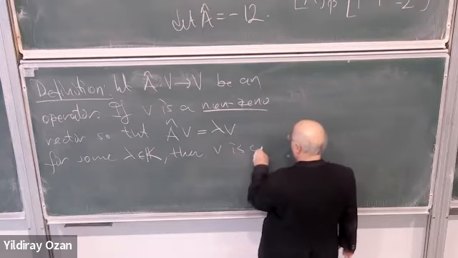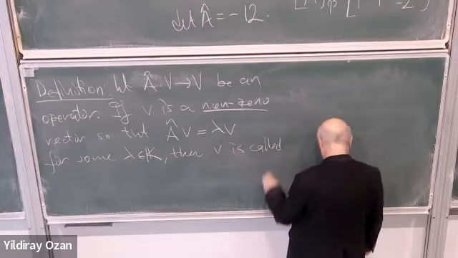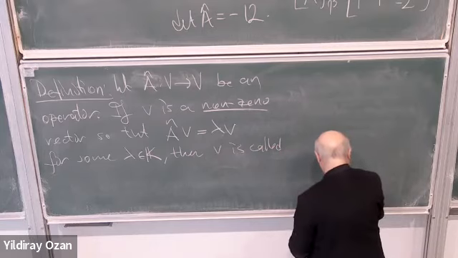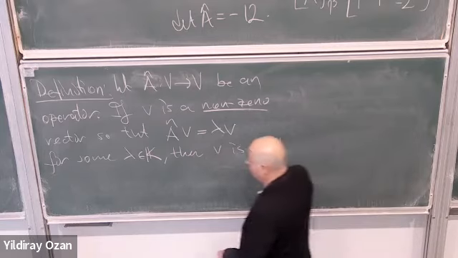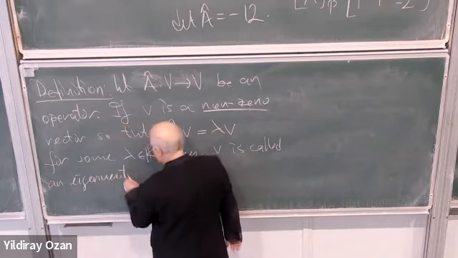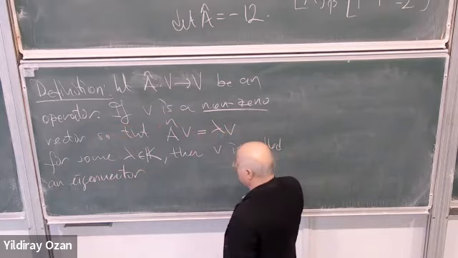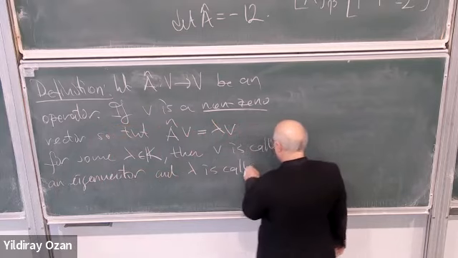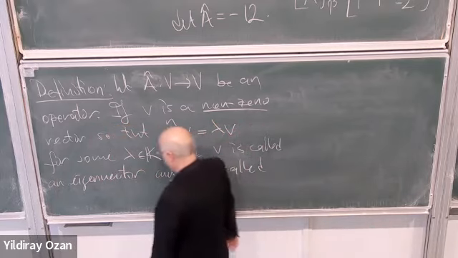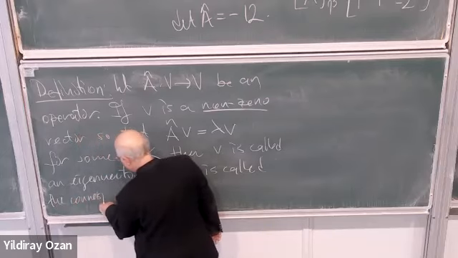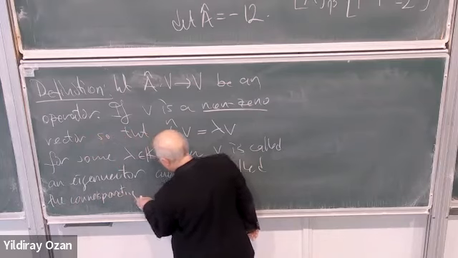B is called an eigenvector, and lambda is called the corresponding eigenvalue.